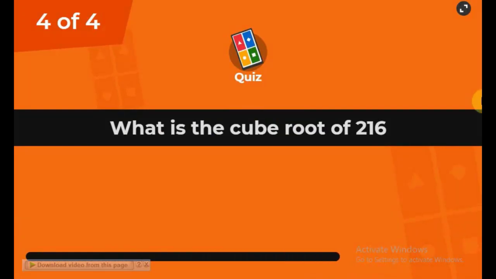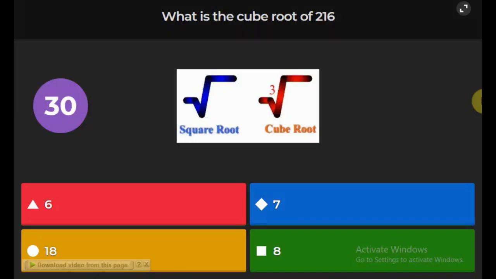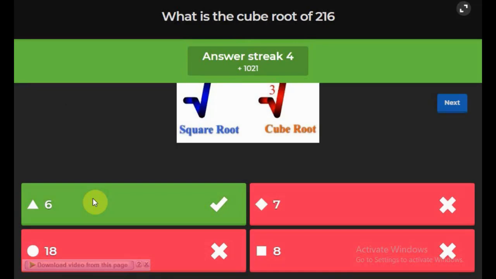What is the cube root of 216? Which number, if we multiply it by itself 3 times, gives 216? 6. We have finished.